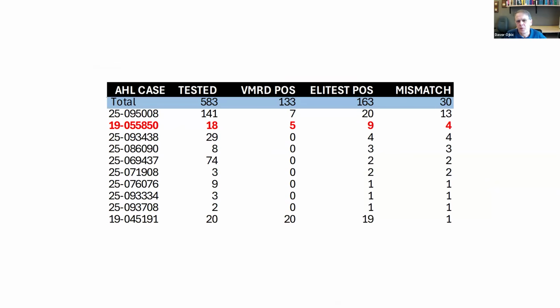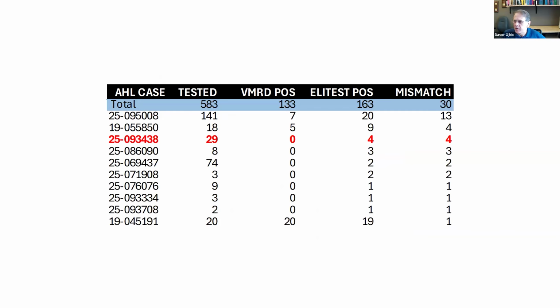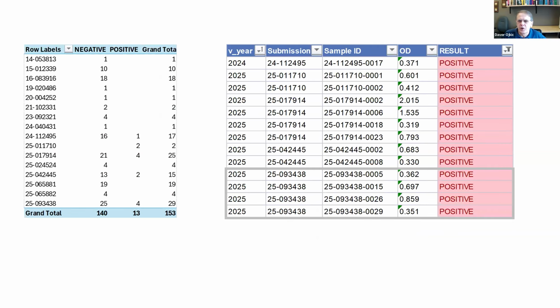So this one was from 2019, and actually this one was PCR positive confirmed. And in this one, again, the same kind of thing happened: the stronger positives on ELITest were positive on VMRD, and weaker positives on ELITest were negative on VMRD. And then I looked at this submission.